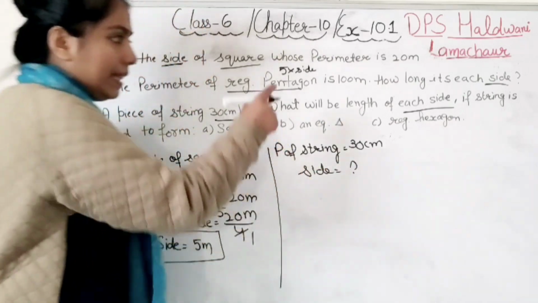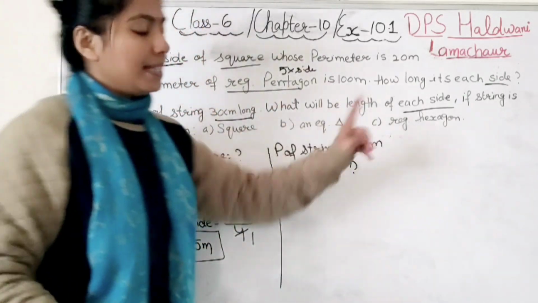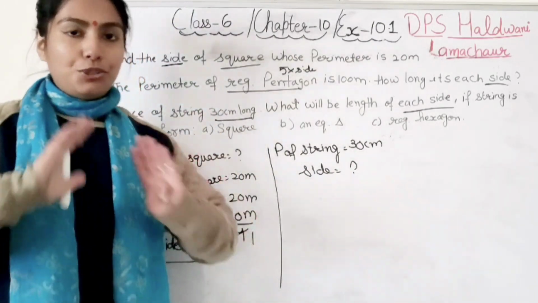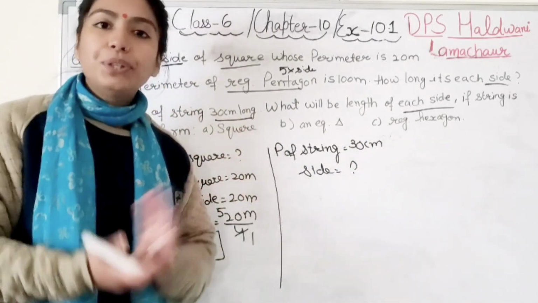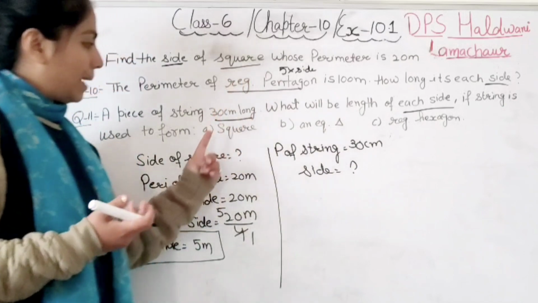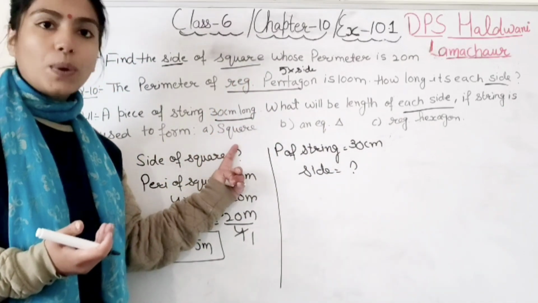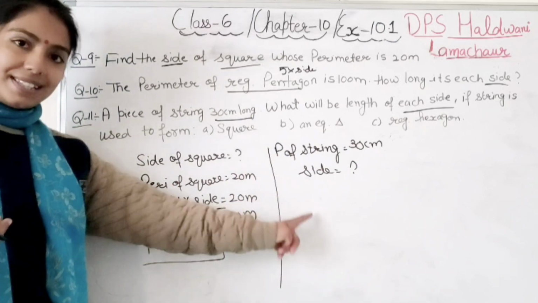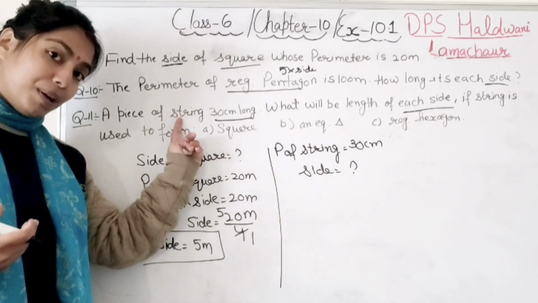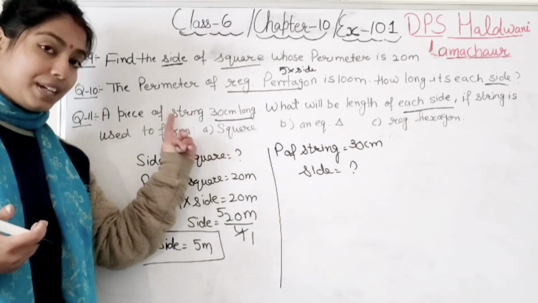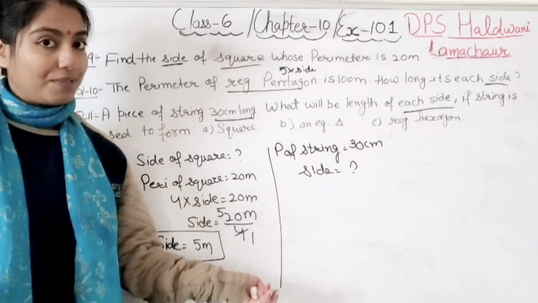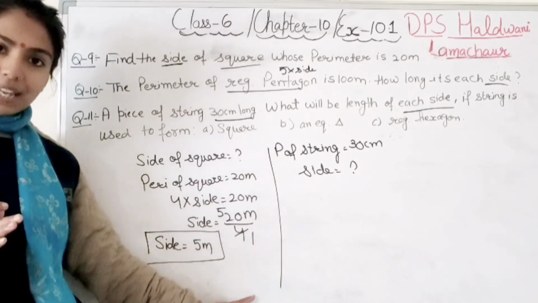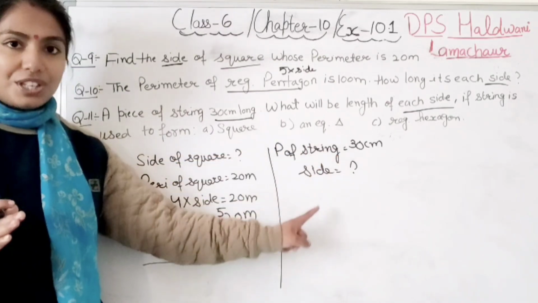But in this question we have A, B, C parts. It means from that string we have made different shapes. Whichever shape we made, we will put its formula. From that string, first we made a square, 4 into side, perimeter given. See, the method is same but the word problem is different. Wording of the word problem is different. So you need to understand only. And student, the method remains the same, only the value has changed.